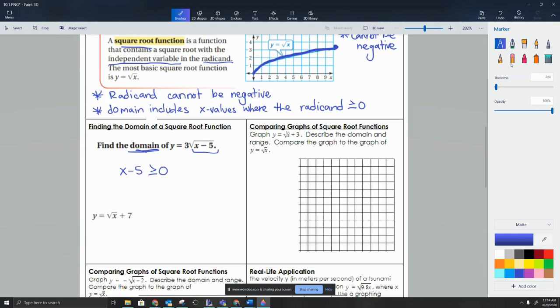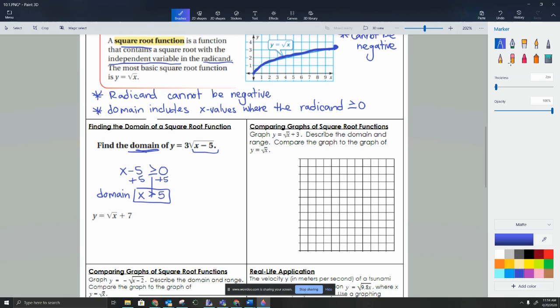To find the domain, all we have to do is solve for x. We add 5 to both sides. So the domain is all x values greater than or equal to 5.